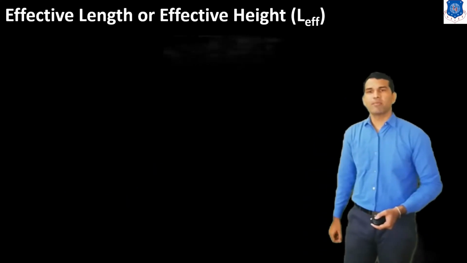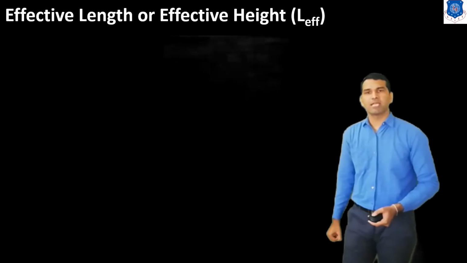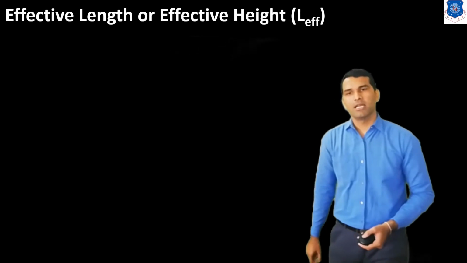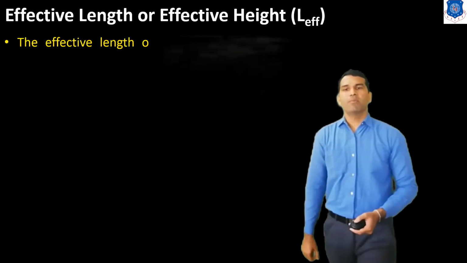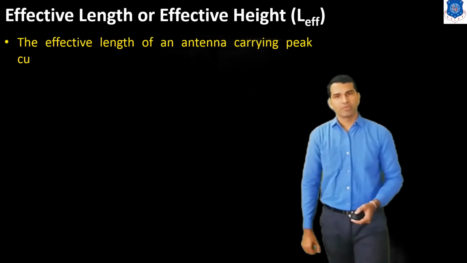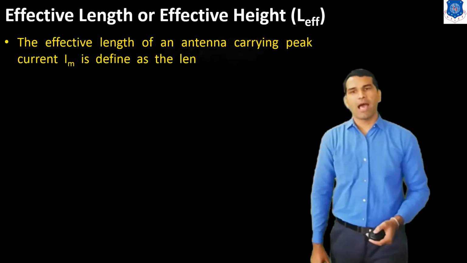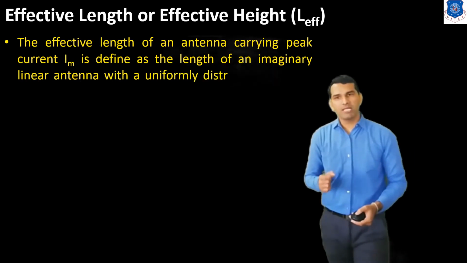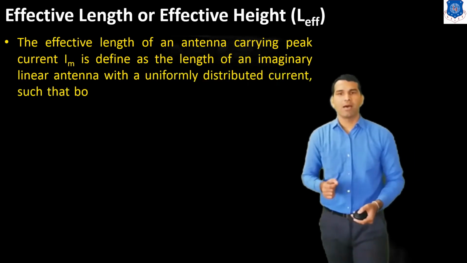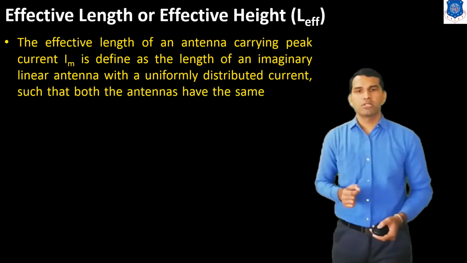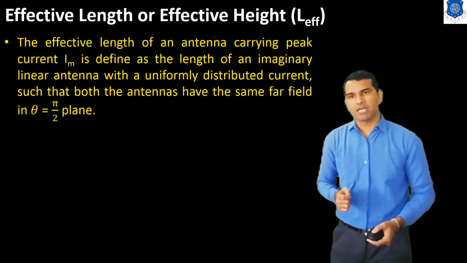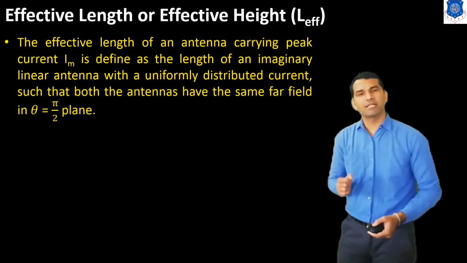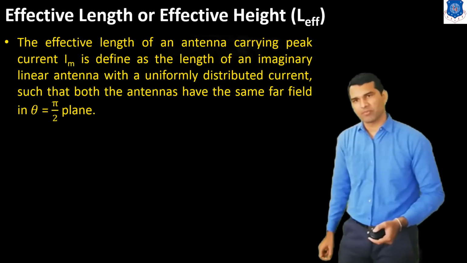Now the next parameter is the effective length, or we can say the effective height. The effective length of an antenna carrying peak current Im is defined as the length of an imaginary linear antenna with a uniformly distributed current such that both antennas have the same far field in the theta = pi by 2 plane.